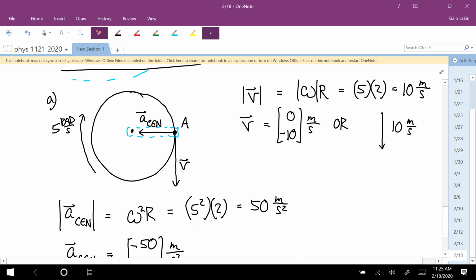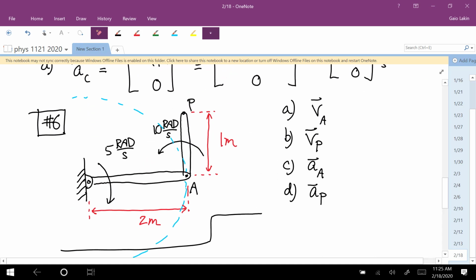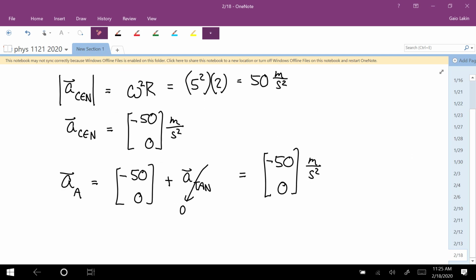Okay, so now let's figure out the velocity and acceleration of the point P. While this point A is doing its thing, that point P is moving in a circular motion around A. So we're going to have to use relative motion.